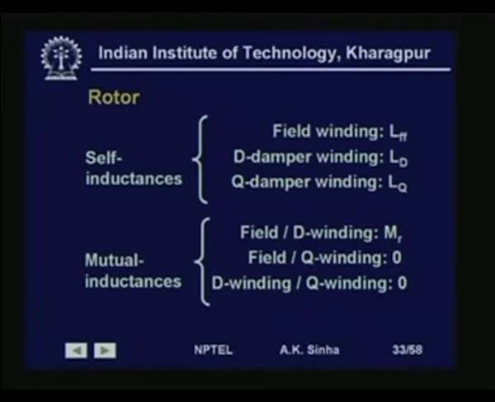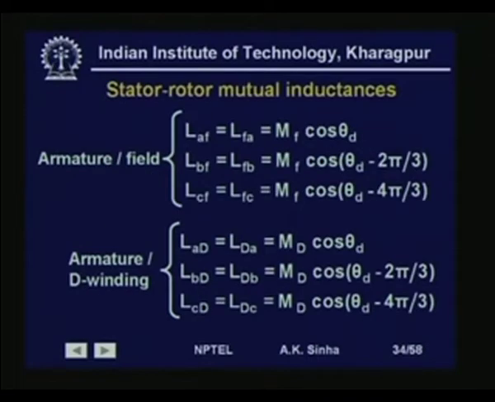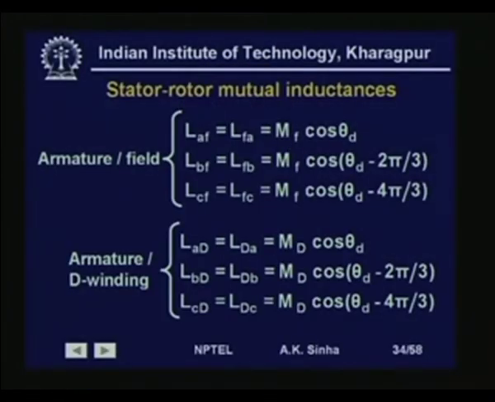All the mutual inductances, self inductances, rotor inductances, rotor mutual inductances, stator rotor mutual inductances, most of these are time varying inductances, mainly because the flux path is not the same in the polar and interpolar region, and therefore, analysis of this kind of machine becomes very, very complex.